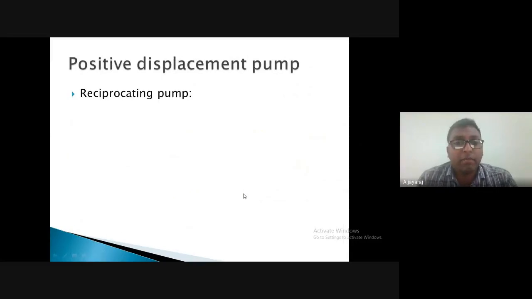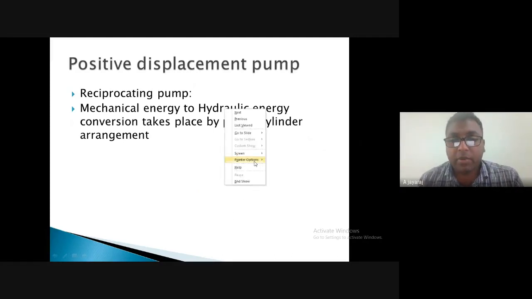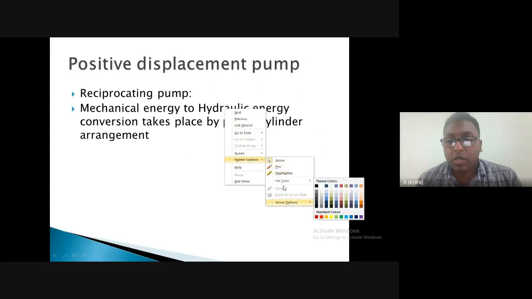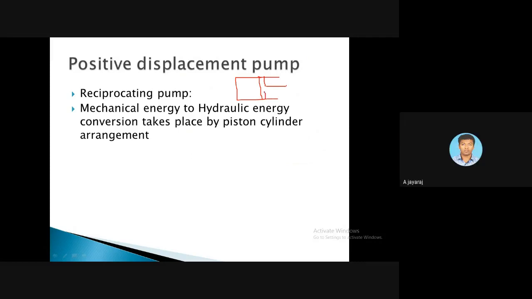So we have the reciprocating pump. Next, it is one of the types of positive displacement pump. The reciprocating pump converts mechanical energy to hydraulic energy by a piston cylinder arrangement. We had seen that a reciprocating pump is nothing but a positive confinement pump. It has a positive region wherein a fluid is arrested and whose pressure will be increased by movement of a wall.